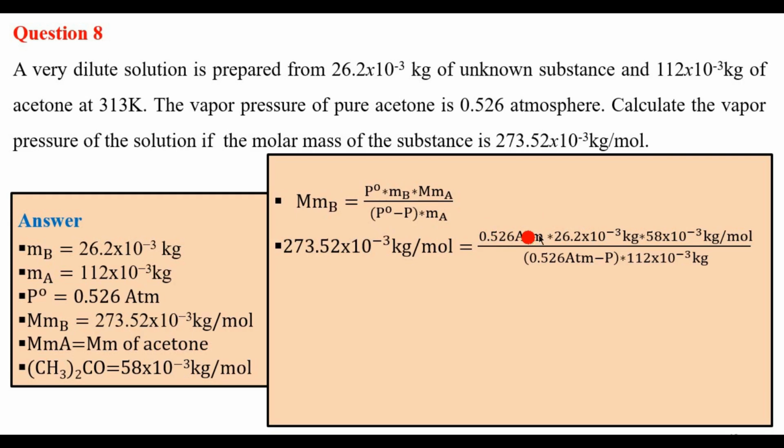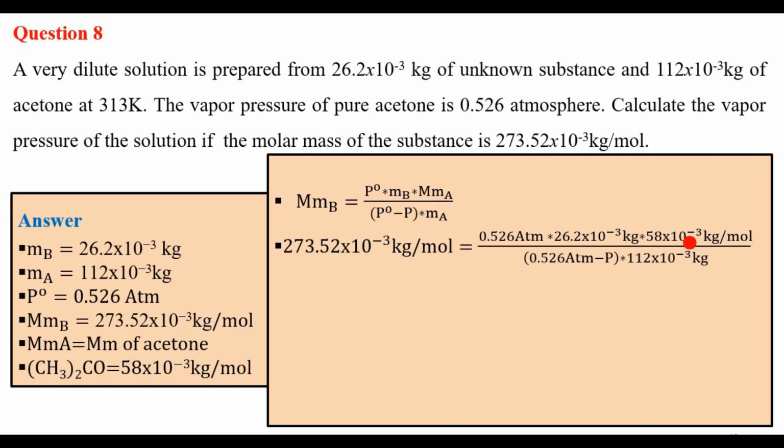This is the MB, which is the mass of the solid. Then this is the molar mass MMA, which is the molar mass of the solvent. What is the solvent that was used? That is acetone. The molar mass of acetone.